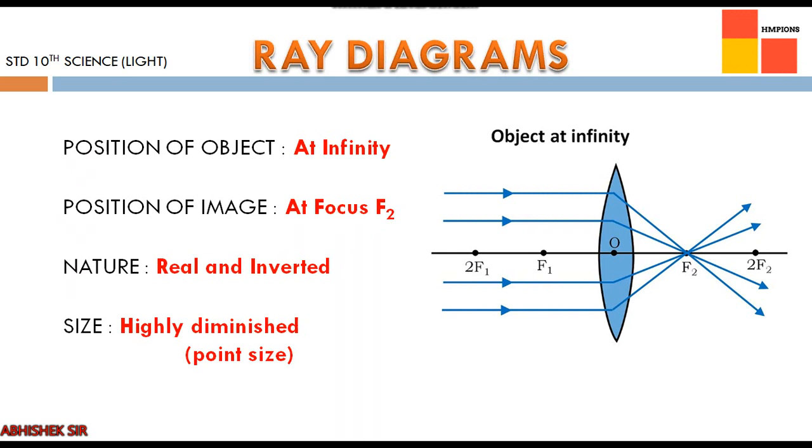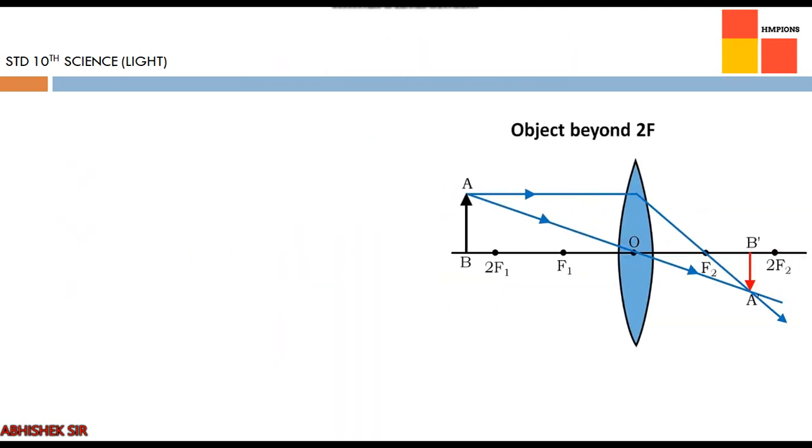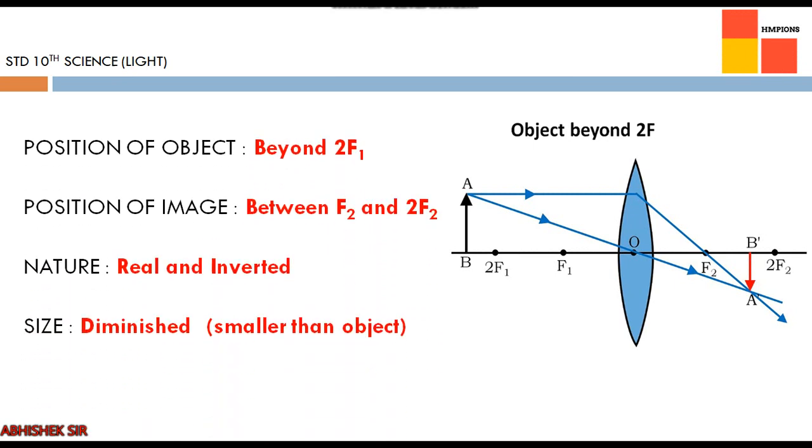So, quickly starting with the first one. If the object is at infinity, the image will be formed at f2, nature real and inverted, and as the image is very small, it is not seen, so it is highly diminished. Moving on to the next figure, if the object is beyond 2f1, the image will be formed on the other side between f2 and 2f2.